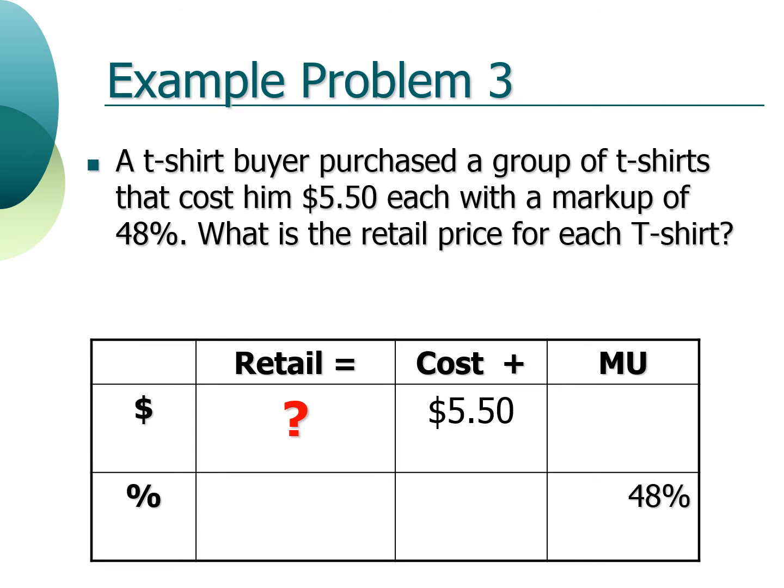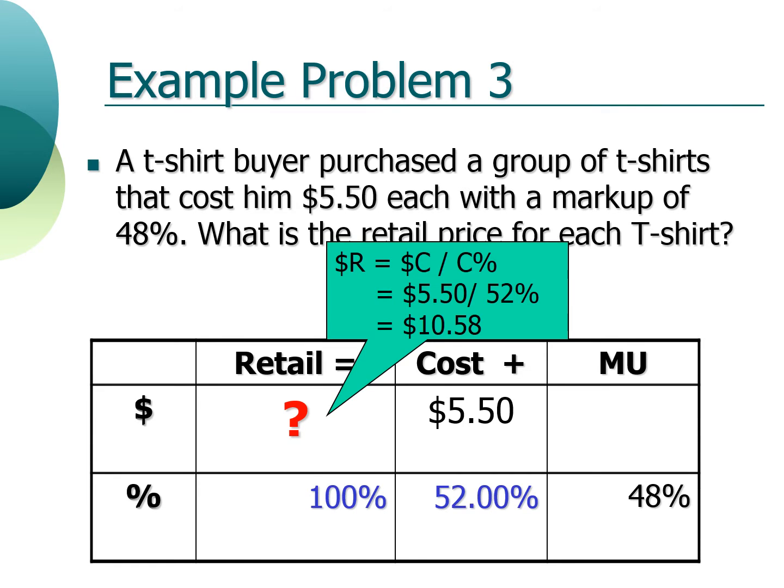And then the question mark goes to the retail price of this t-shirt, so that is retail in dollar. So let's figure out retail dollar from the cost dollar and markup percent. Let's pause the video here. Okay, let's take a look at the answer.